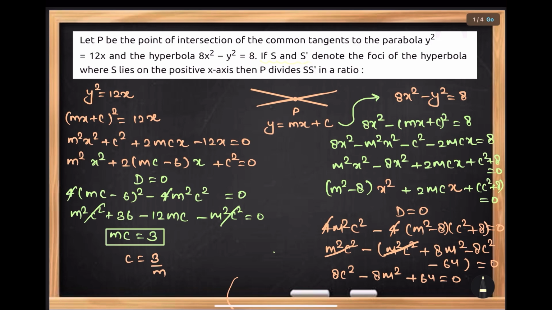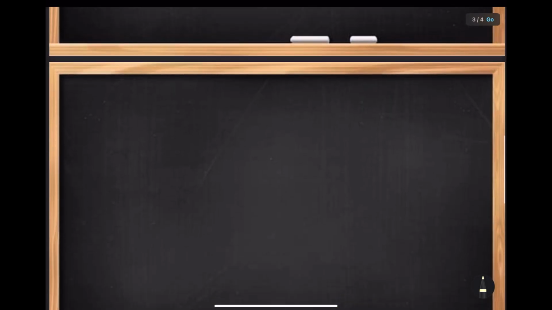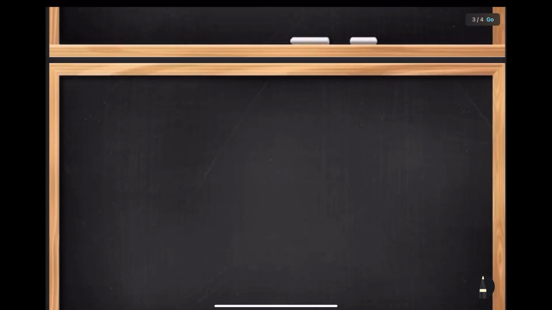S and S dash are the foci of the hyperbola, where S lies on the positive x. So we have to find the foci of the hyperbola. Let's do it. We have the equation of hyperbola as 8x square minus y square equals 8.